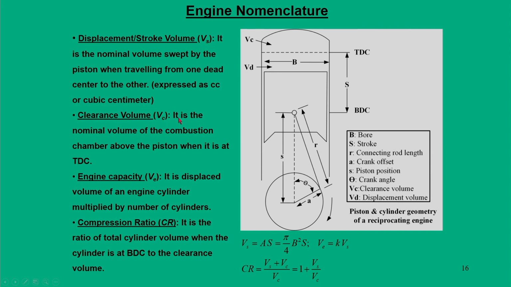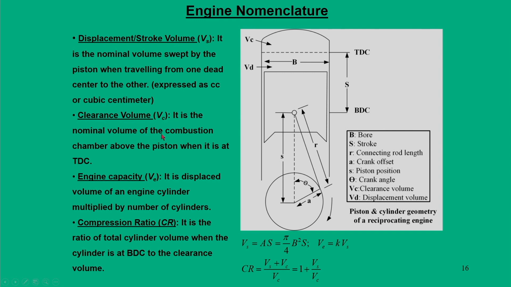Next we have the clearance volume. When the piston is at TDC, there is some volume that remains as a clearance volume, and this is required because it has a very significant impact on the combustion chamber, because the entire volume has to be squeezed into a particular space during engine operation.